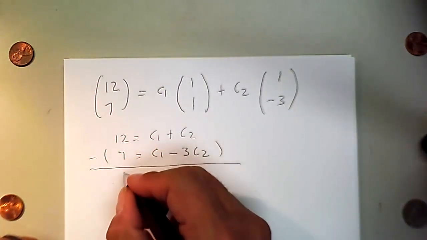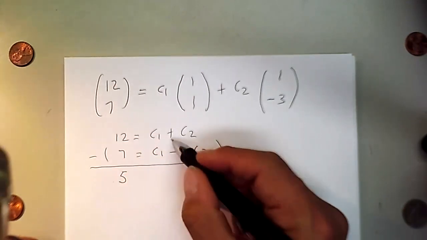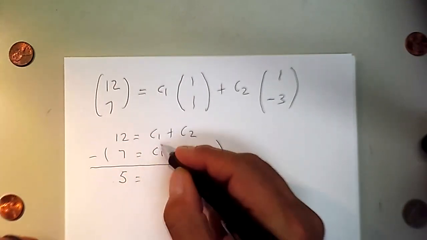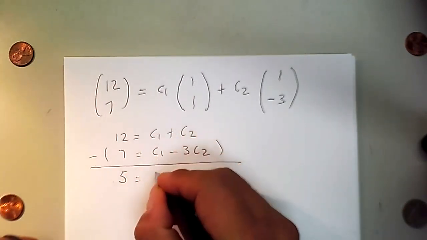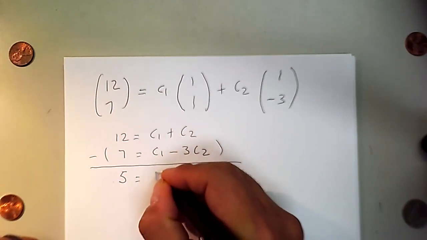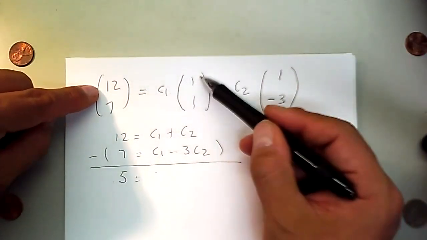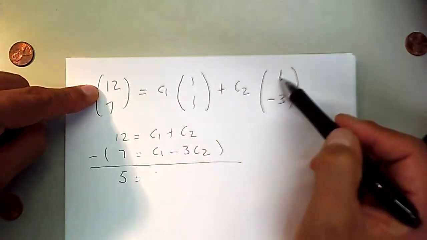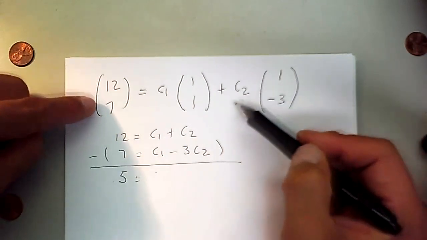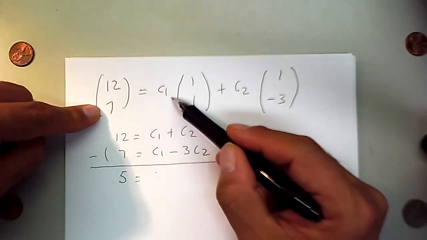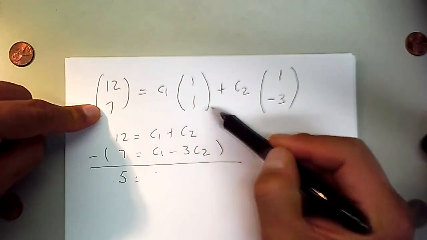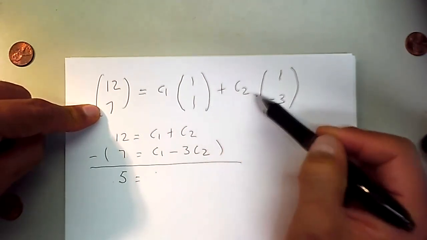So 12 minus 7 is 5, and the C1s will simplify out. Let me double check this. C1 plus C2 is 12, and 7 is C1 minus 3 times C2.